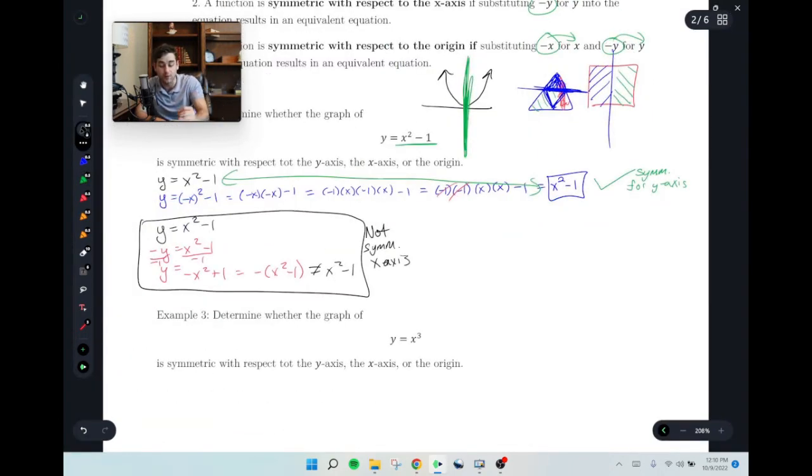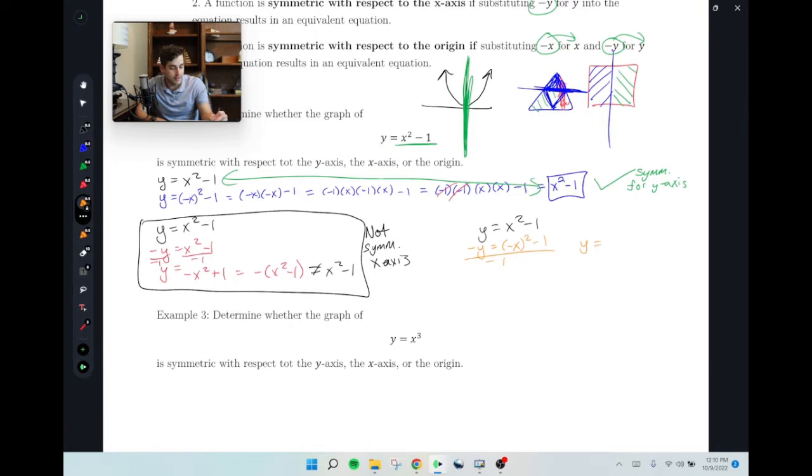Last one. We're going to switch both signs now. So y equals x squared minus 1. That's the original function. Here we go, switching both signs. Negative y equals negative x squared, minus 1. Oop, missed my parentheses. Negative y equals negative x, squared, minus 1. All right? I'm going to start by dividing by negative 1 across the whole thing and get y equals negative, x squared plus 1, right?